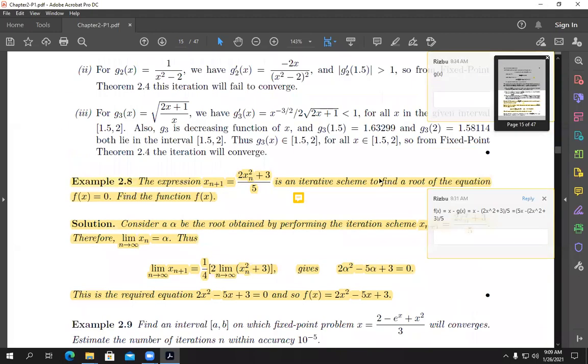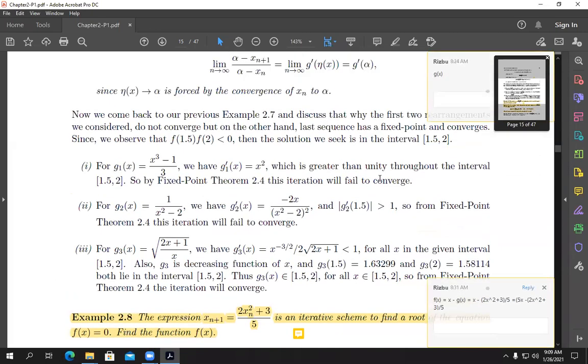I give this example. The expression is an iterative formula to find the root of f of x equal to 0. What is your f of x here? So what is this one? This is your g of x here.